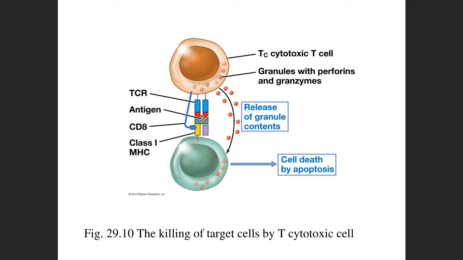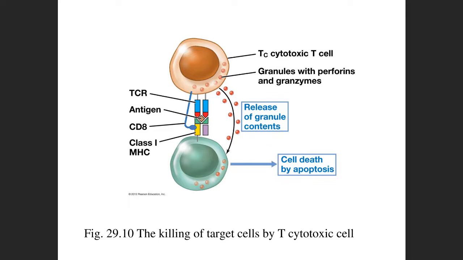Okay, so in order for this interaction to stabilize, you also have CD8. So you have the T cell receptor and CD8 for cytotoxic. And now when you have a stable interaction, the T cell produces granules, and this is the trigger for programmed cell death.